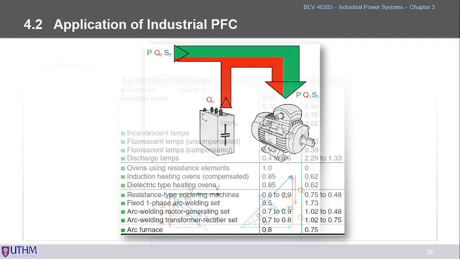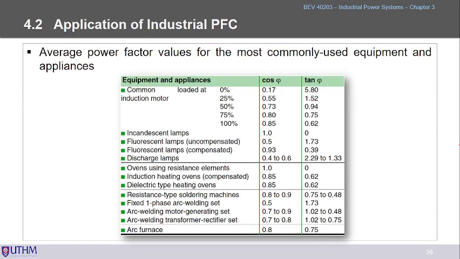Okay, now we look at the power factor values for some applications in the IPS. Let's say we have the common induction motor. It depends on how much you load it. If the loading of the induction motor is 0, you will experience a very low power factor.